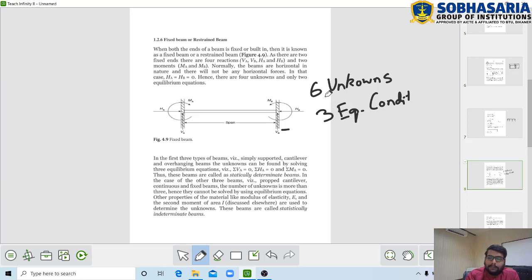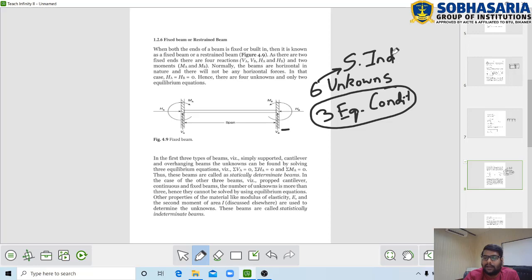So, these 3 conditions are not enough to find the 6 unknowns. So, fixed beams will be analyzed as a statically indeterminate structure. I think now you are clear what is a determinate and indeterminate structure.